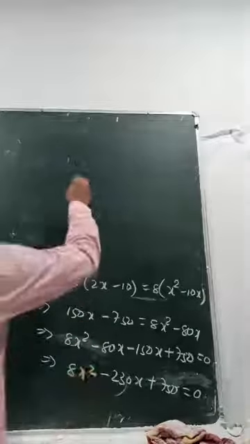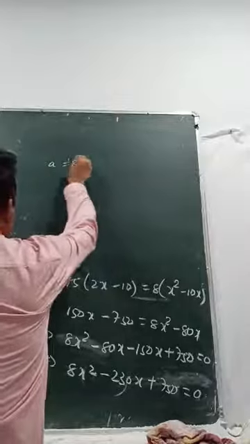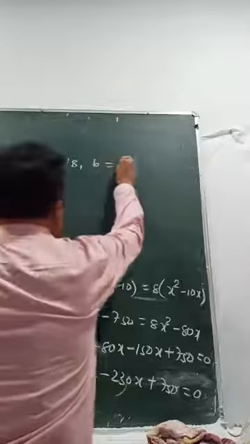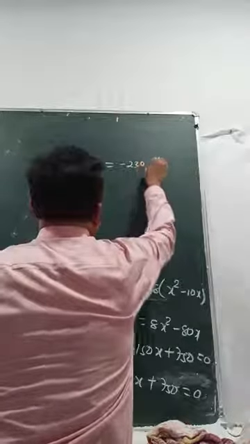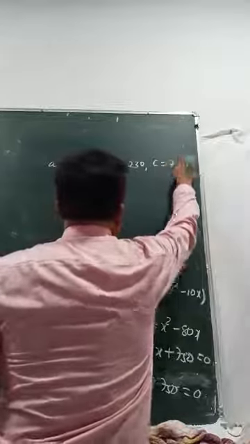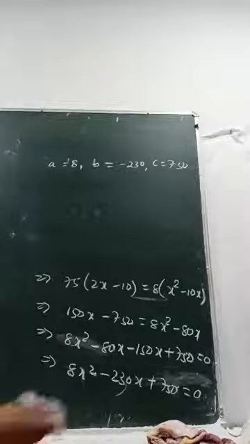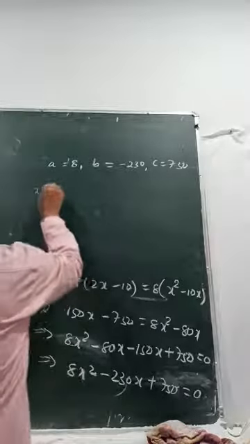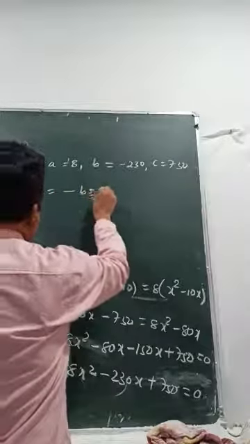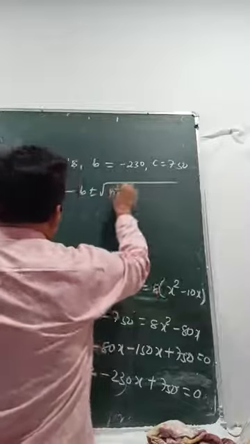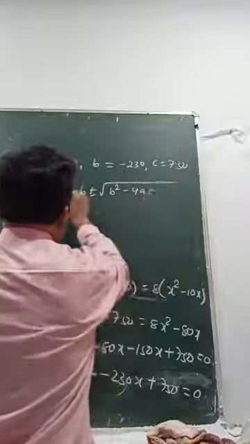So a is 8, b is minus 230, c is 750. Okay. Then x equals minus b plus minus square root of b square minus 4ac by 2a.